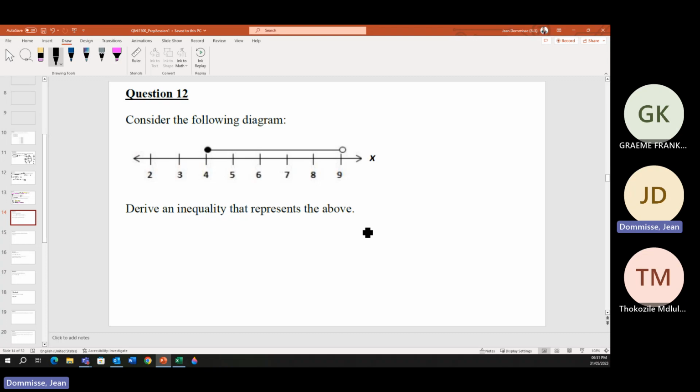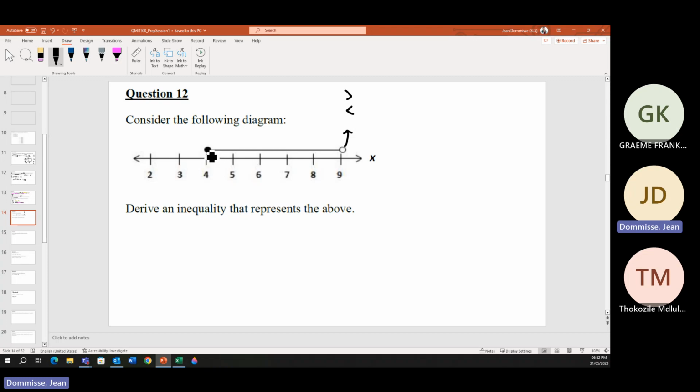I saw this in one of the papers as well that I got. I don't know if you guys did this, but basically what this tells me is when I have an open circle like that, I use those strict inequalities.